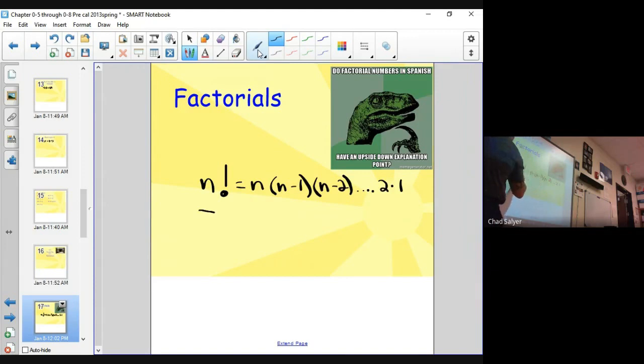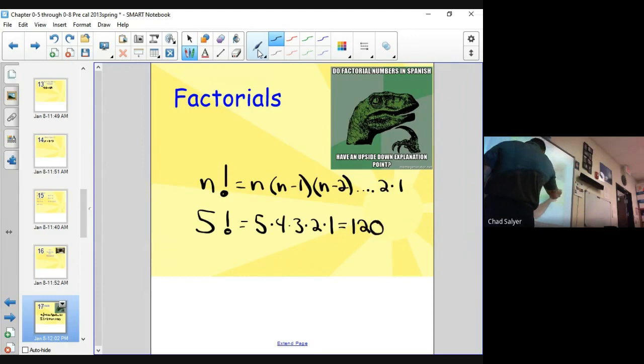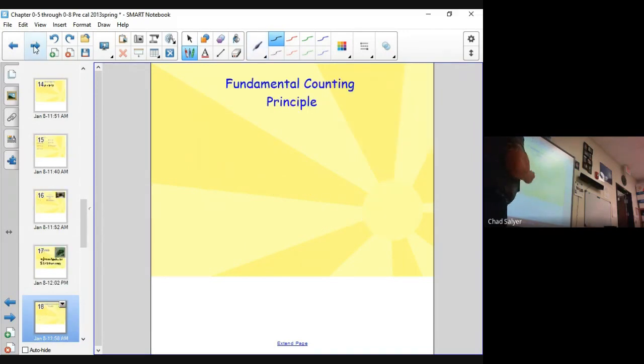So for example, 5 factorial is 5 times 4 times 3 times 2 times 1. 5 times 4 is 20, times 3 is 60, times 2 is 120, times 1 is also 120. So that's factorials, and they often come up in probability arguments, or to define the number of permutations in a situation.